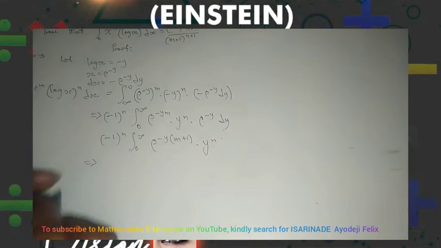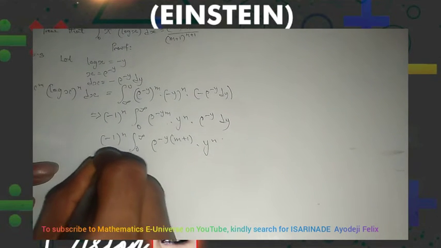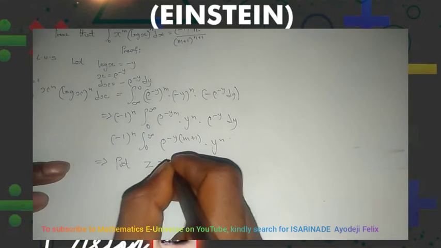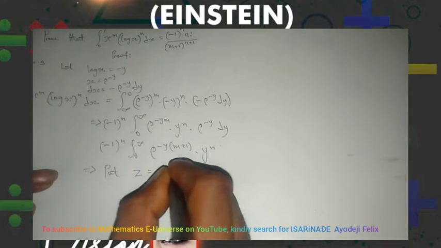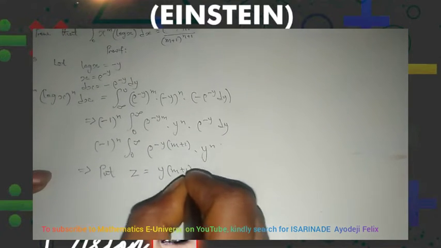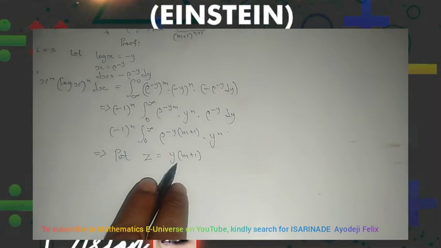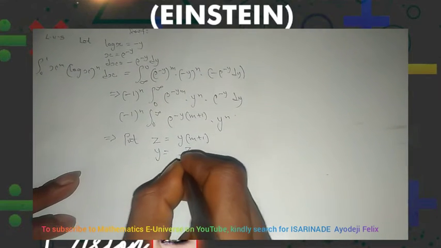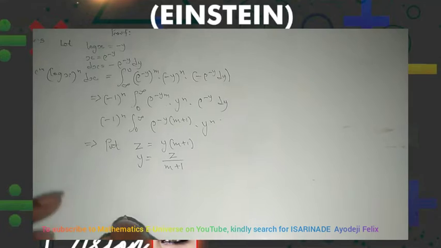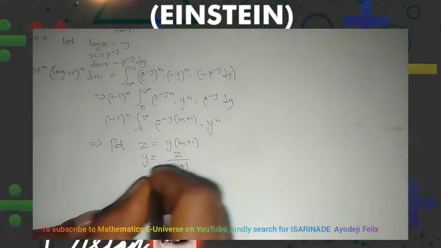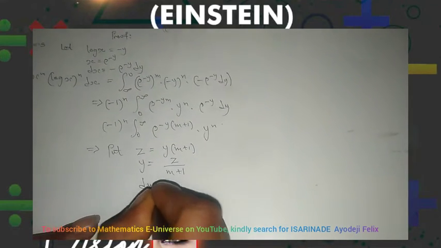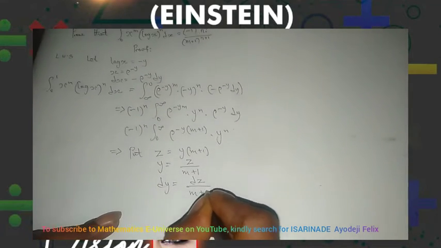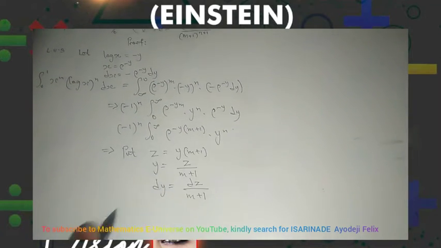And if that is the case, let's put z to be y into m plus 1. Making y the subject of the formula, we have y equals z over m plus 1. And if we differentiate this, we have dy equals dz over m plus 1. Now substitute here.